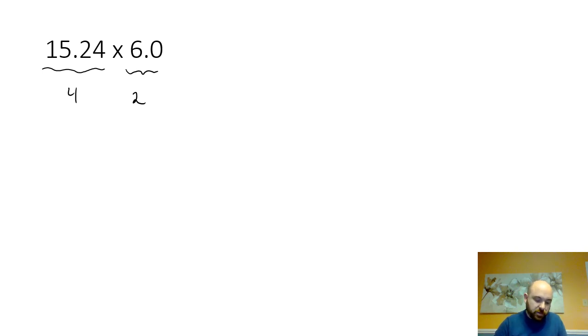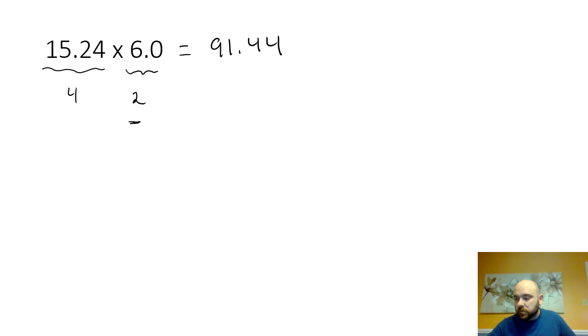When you multiply those numbers out, 15.24 times 6.0, the calculator returns 91.44. Now again, we want to round this to two significant figures since that's the lowest number in our operators.